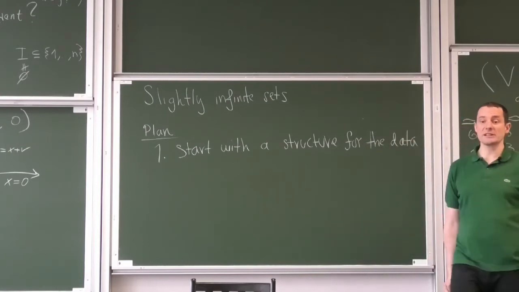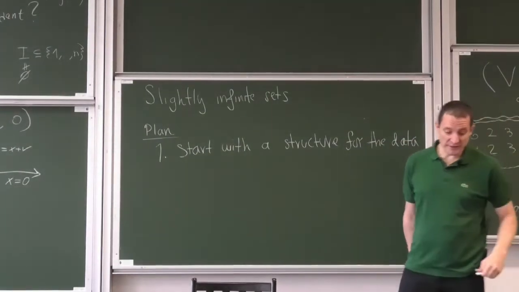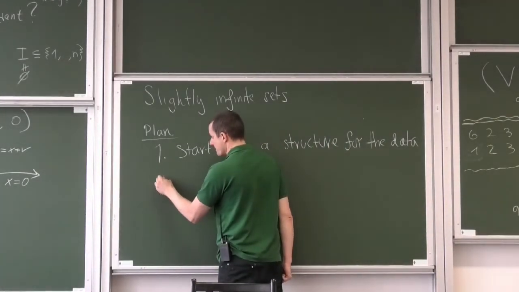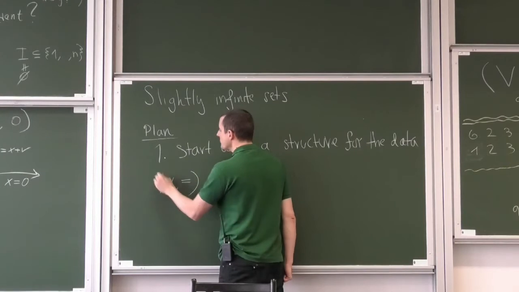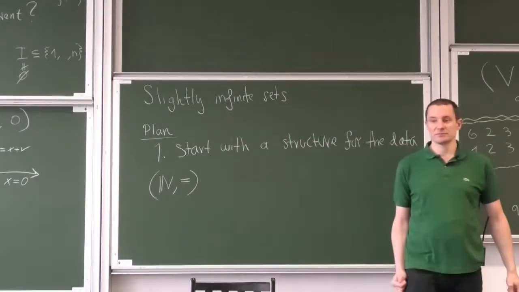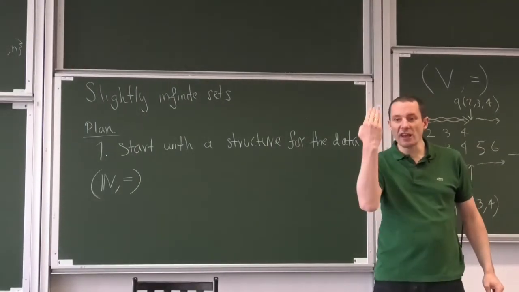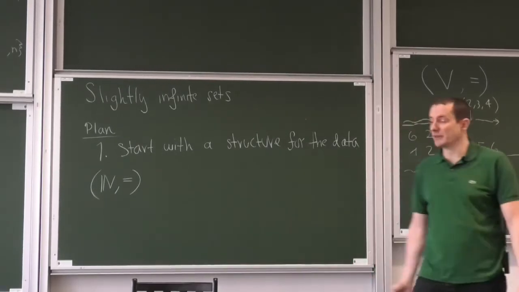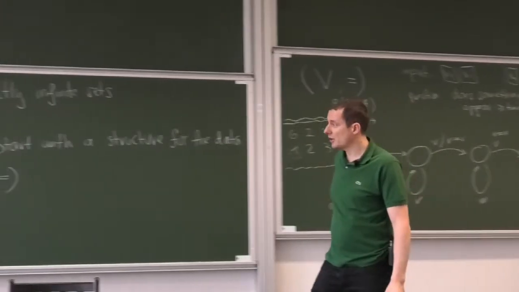And the structure is a structure in the sense of logic. So examples we could have are, say, the natural numbers with equality. It's any countable infinite set with equality. It has only equality. It doesn't matter if it's the natural numbers or anything else. Okay, so this is the example here.